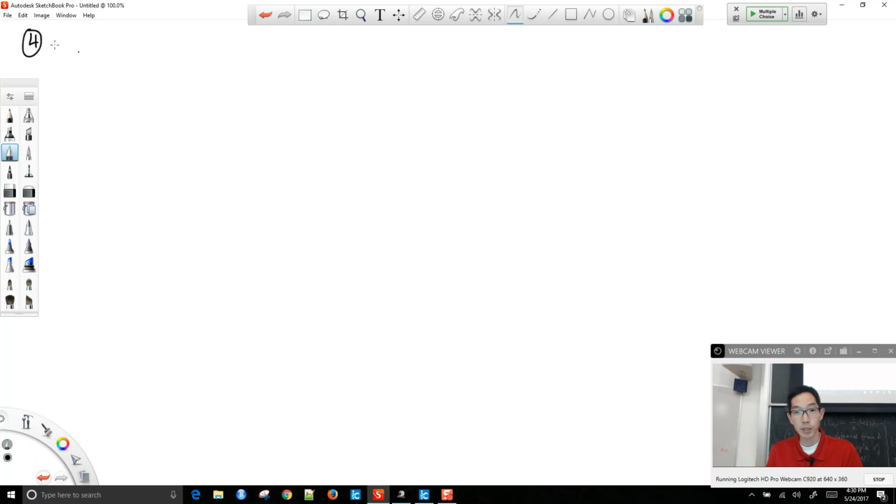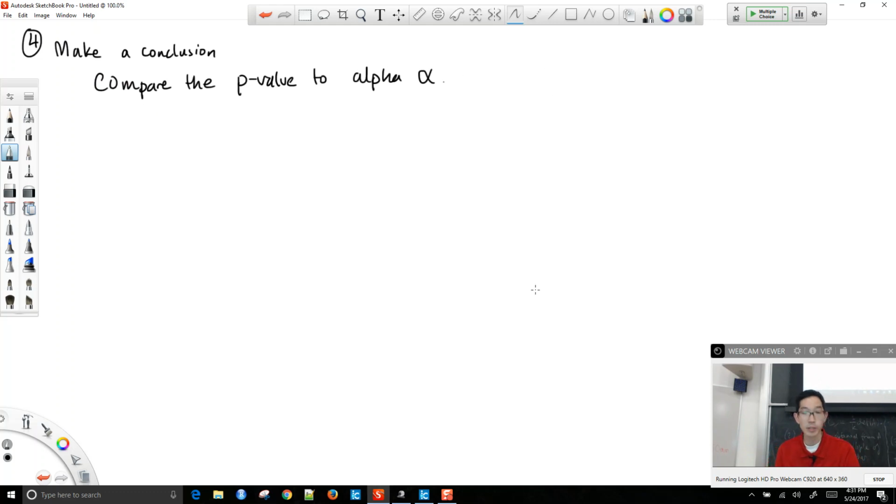Okay, so number 4, we're going to make a conclusion. What we do is we compare the p-value to alpha. If the p-value is greater than alpha, then that means we consider the probability of our data to be high.